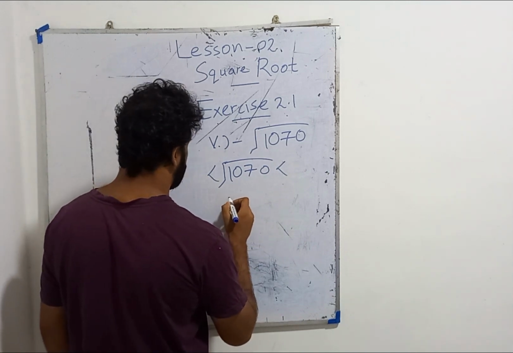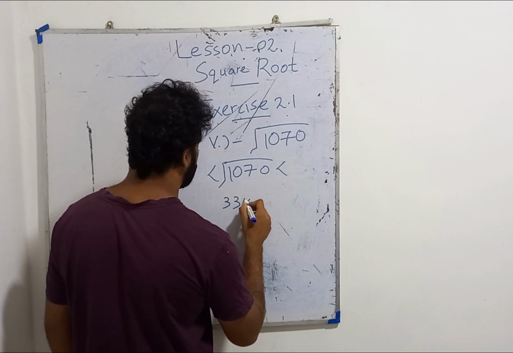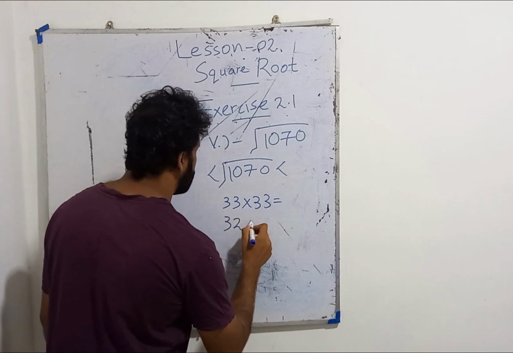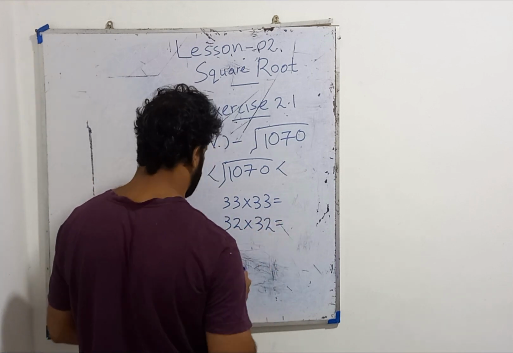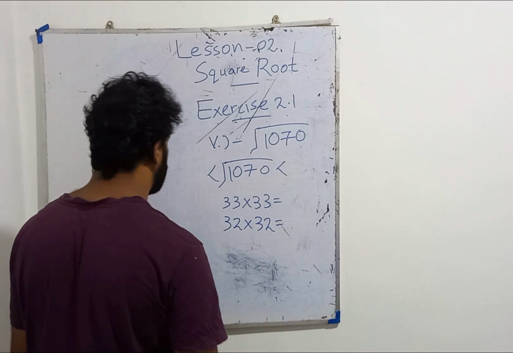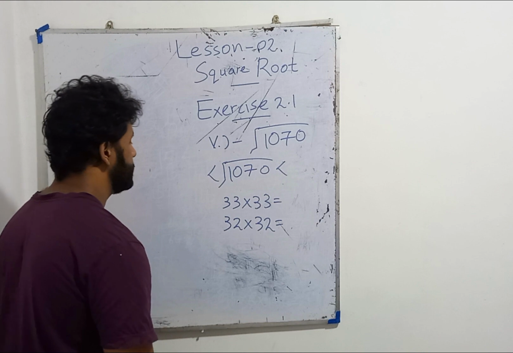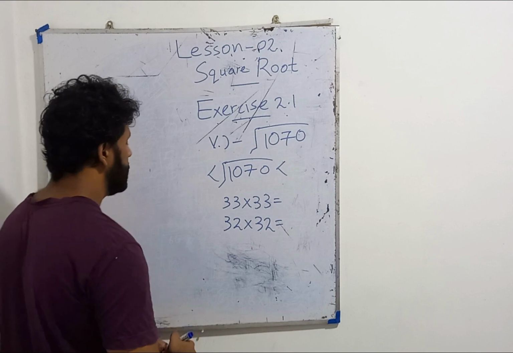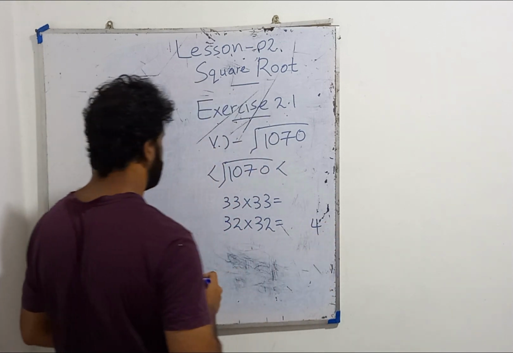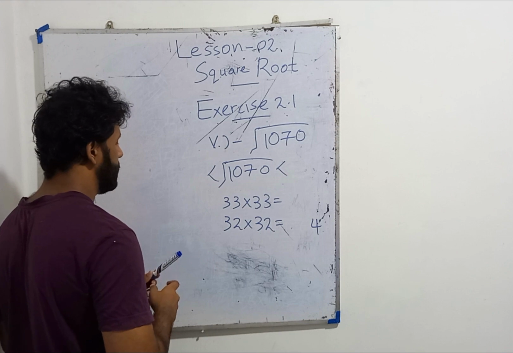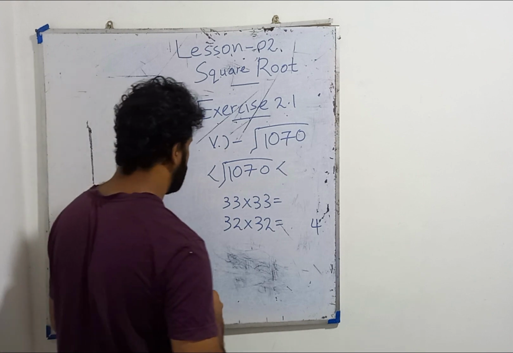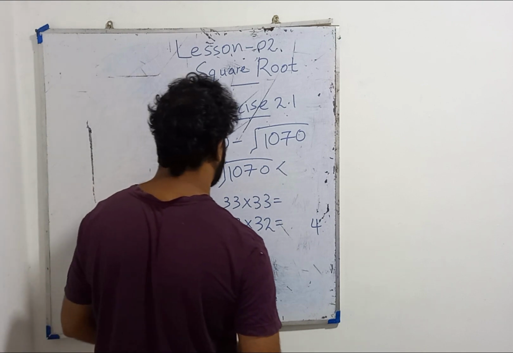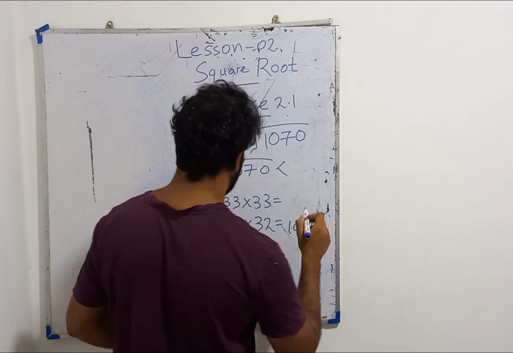33 times 33, then 32 times 32. Let's take 32 times 32, that's going to be simple. This is actually 1024, right? Yes, 1024.